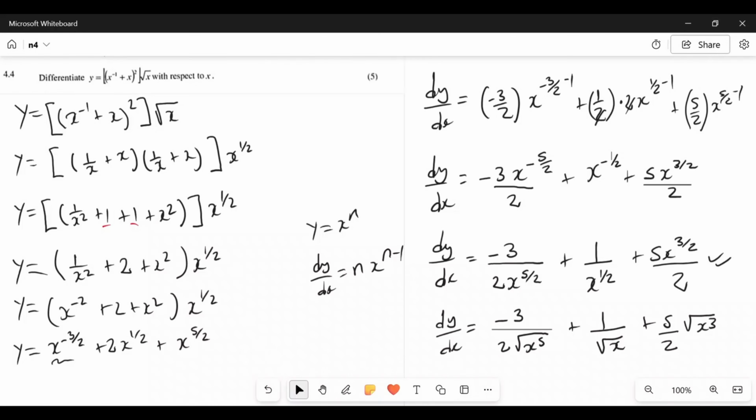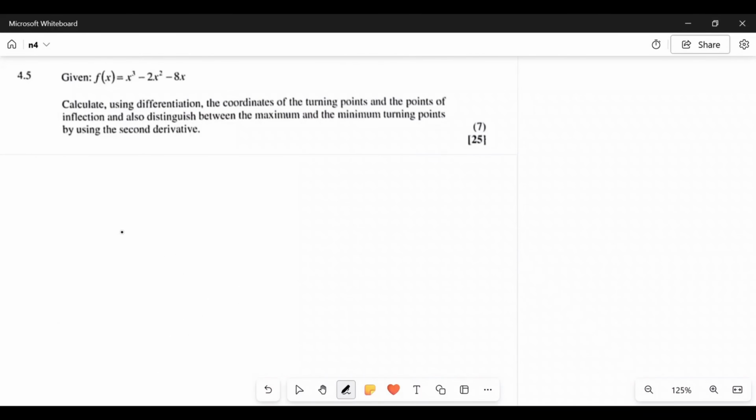All right, people, we are done with 4.4. Let's go into 4.5, which is the last question of question 4. All right, guys, here's our 4.5. Now, we are given this function: f of x equals x cubed minus 2x squared minus 8x.